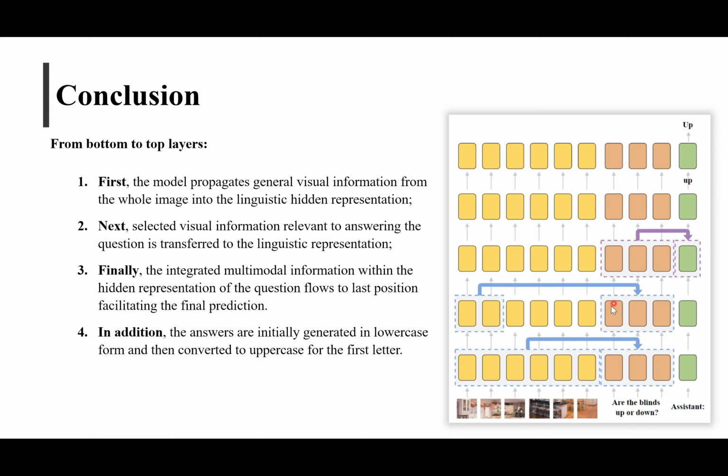At this time, this representation is already multimodal information, and this multimodal information is transferred to the last token, and then the last token gets to know what its answer is. And then in higher layers the model tries to transfer the initial letter from lowercase to uppercase. Yeah, this is our project.